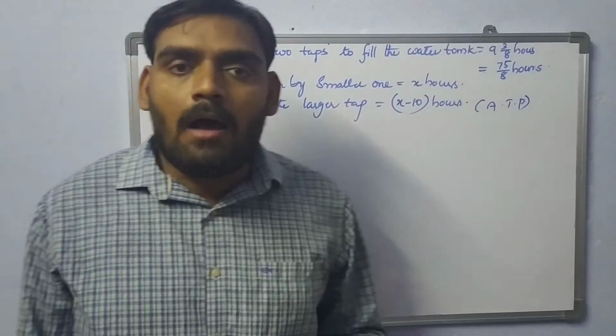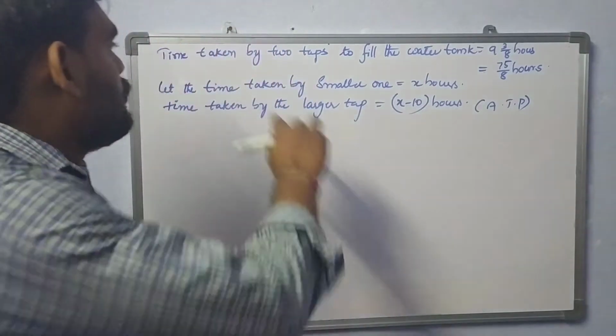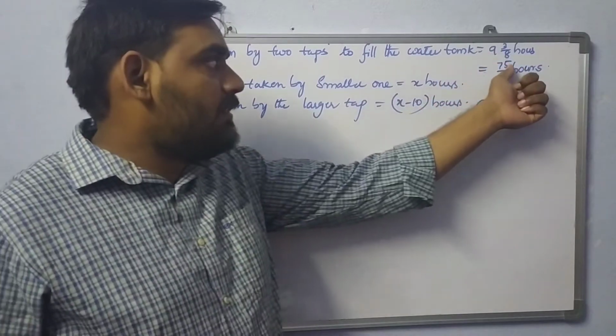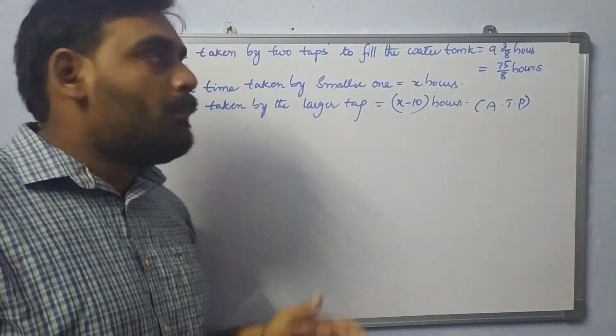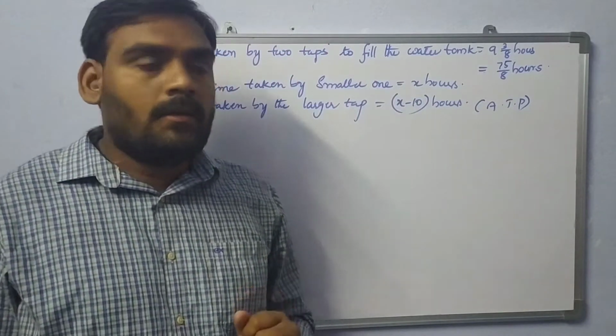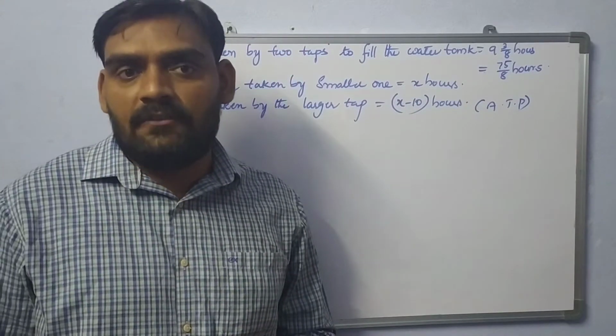Coming to our basis, the total time taken by the two taps to fill the tank is 75/8 hours. At that time, the part of the tank filled by these two taps in 1 hour will be 1/(75/8).